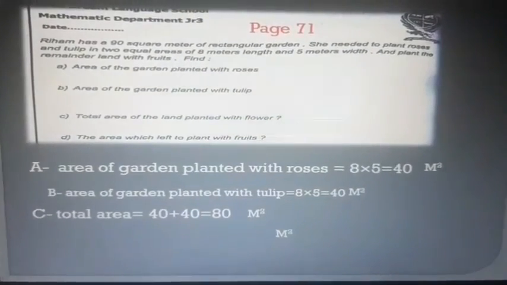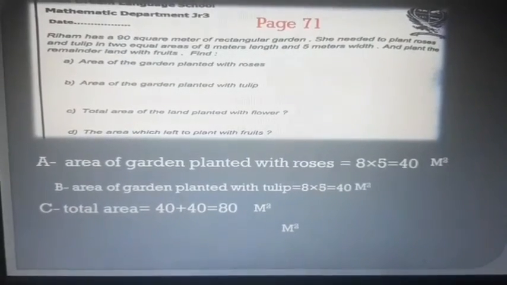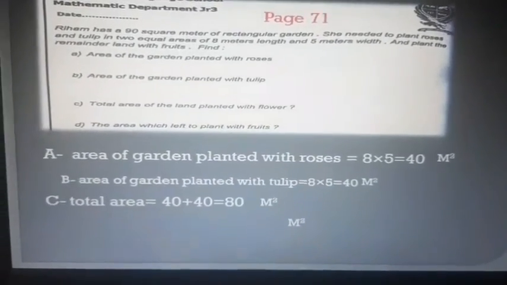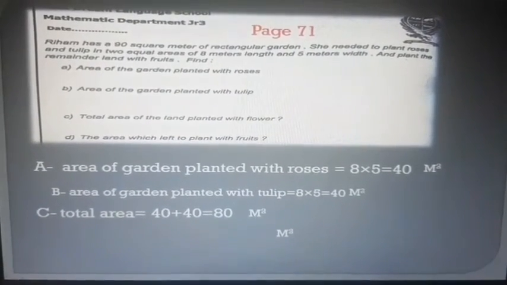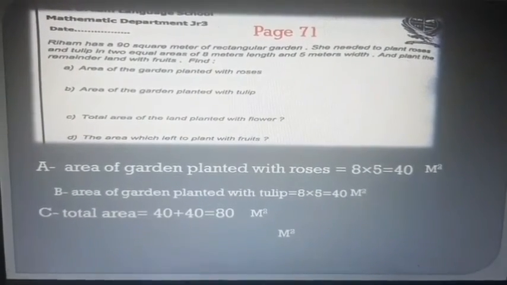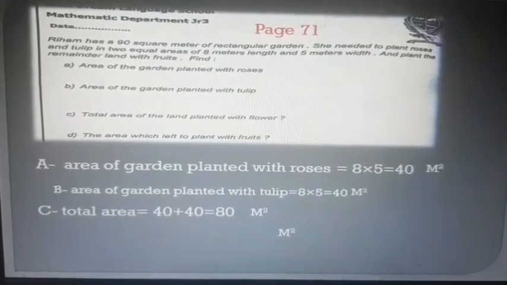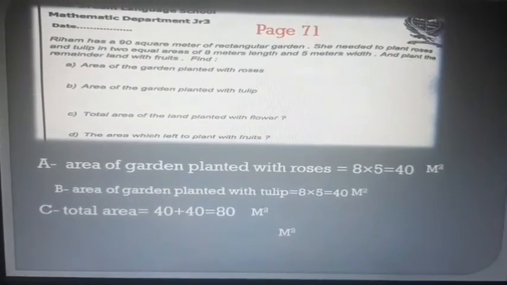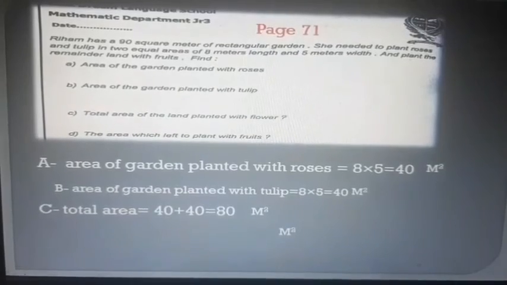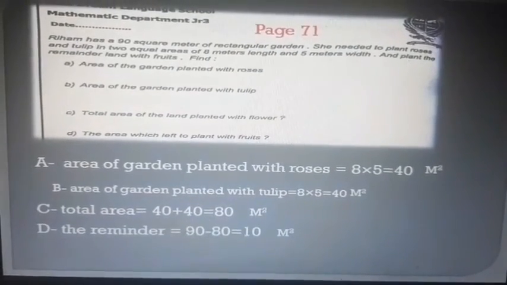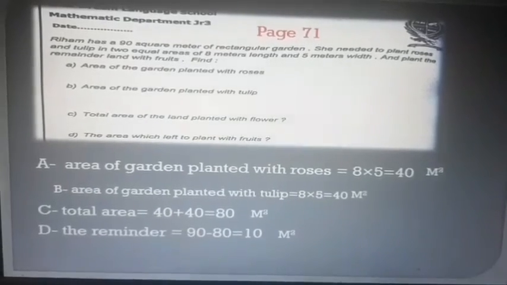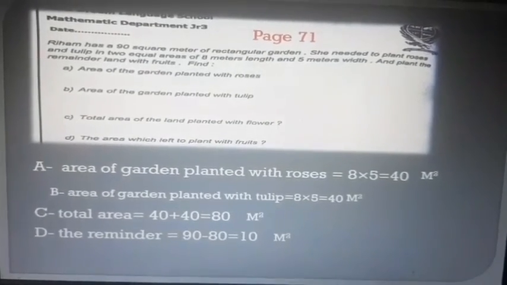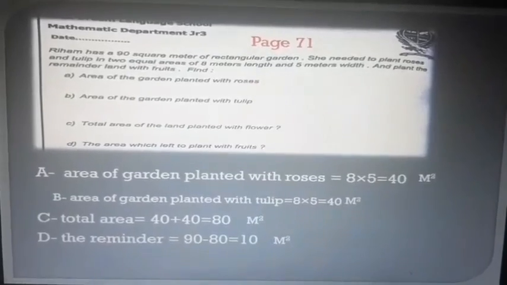He wants the left area. Okay, so I will make minus here between the area you have and the total area planted with flowers. So I will subtract 80 from 90. It will be 10 meters squared.